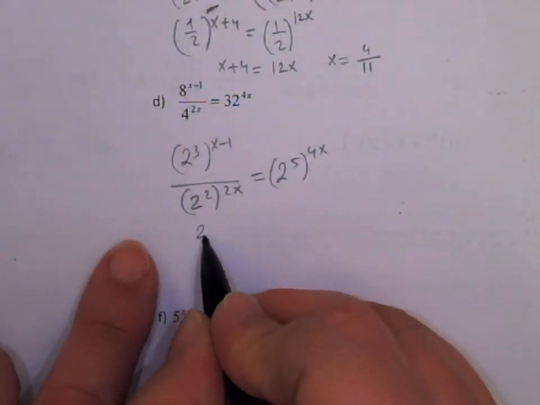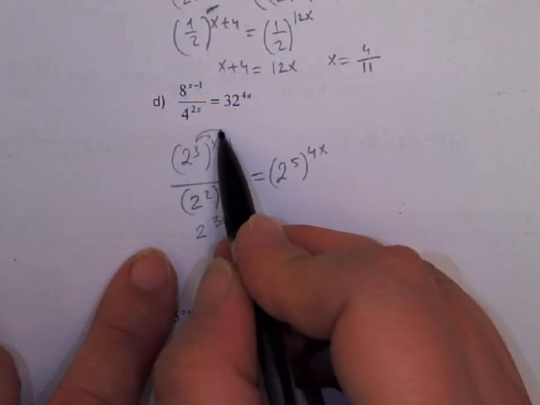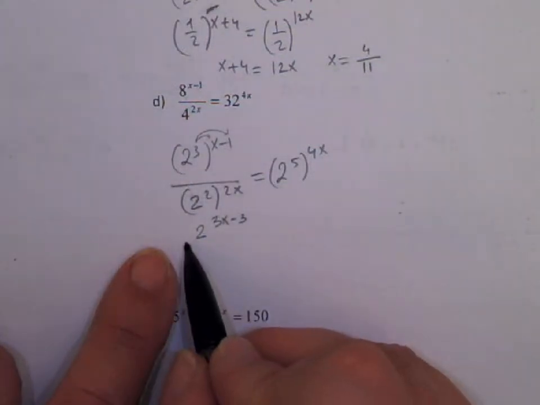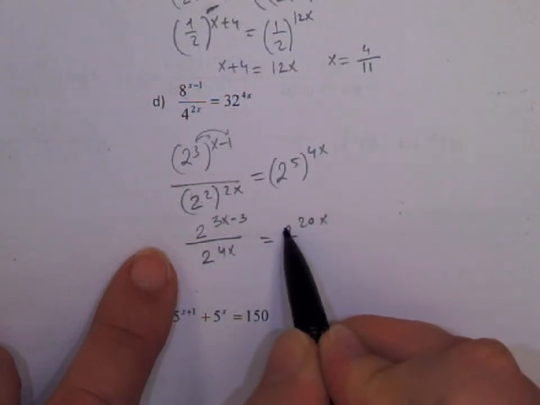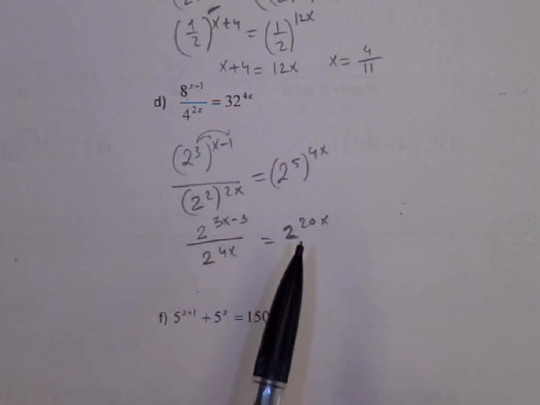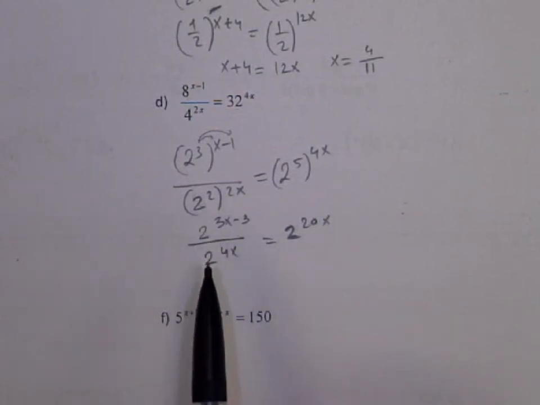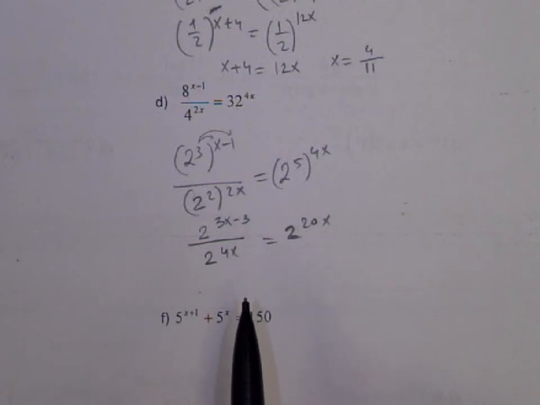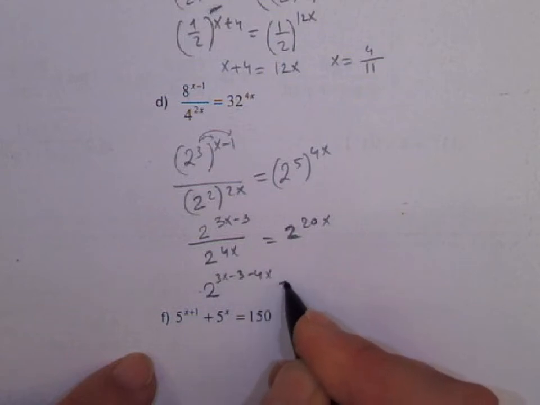So basically you have 2 to the power of 3x minus 3, so you need to distribute this, over 2 to the power of 4x. And let's remember, if you have a division with exponents, if the bases are the same, then you subtract the powers, right? So if we do that, we get 2 to the power of 3x minus 3 minus 4x.